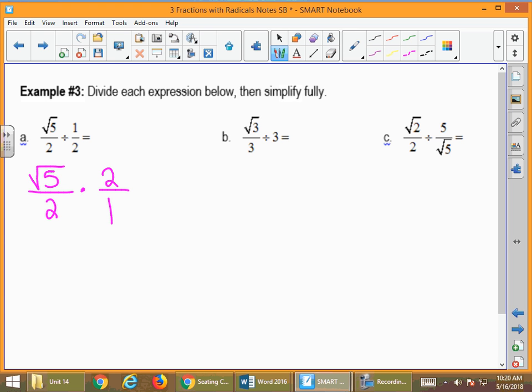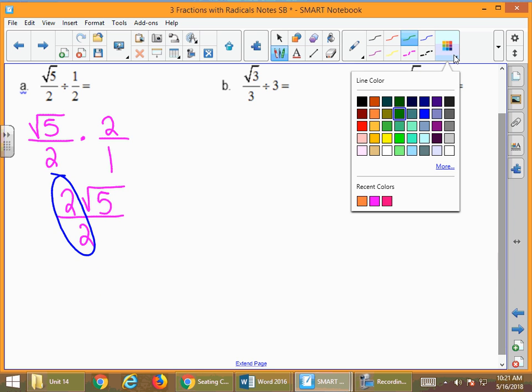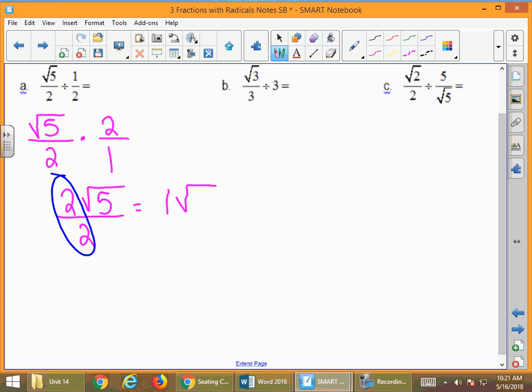Then it turns into multiplication, which is we multiply the tops together, we multiply the bottoms together. We get 2 times the square root of 5 divided by 2. We can simplify a little bit more. The 2's cancel out. And if you prefer, 2 divided by 2 is 1. Or we don't have to write the 1.